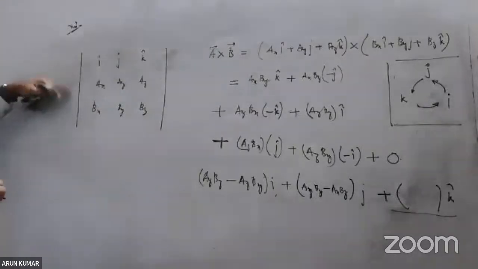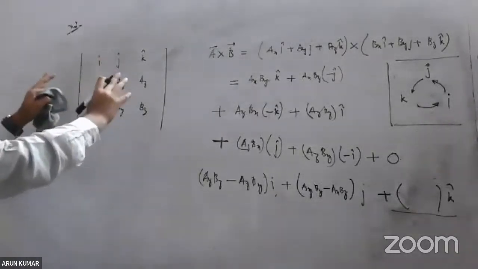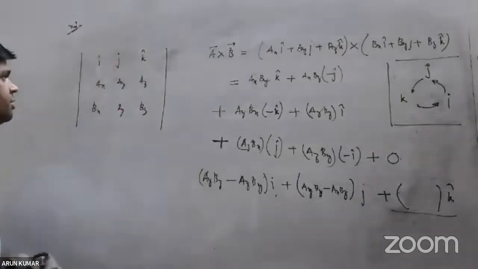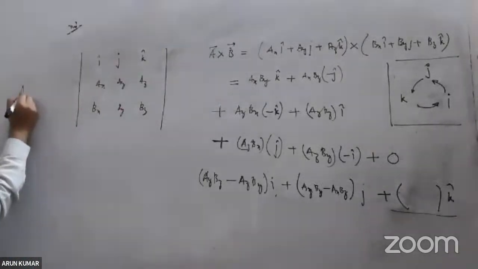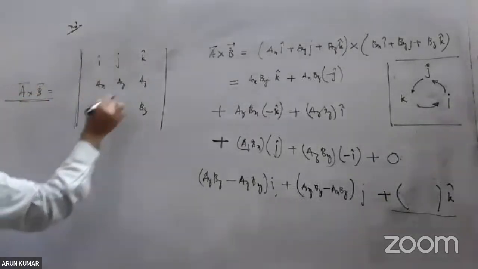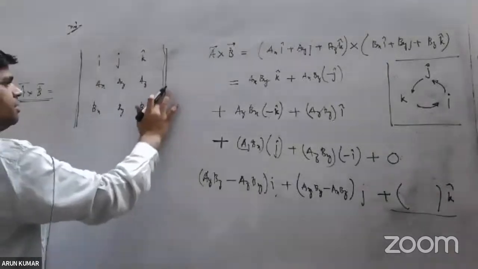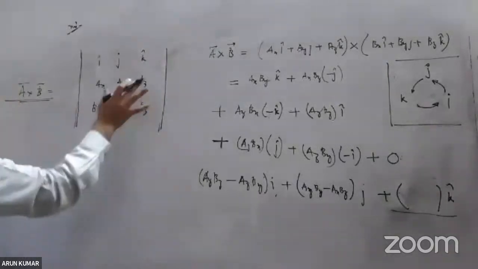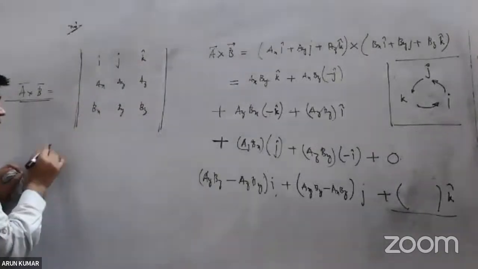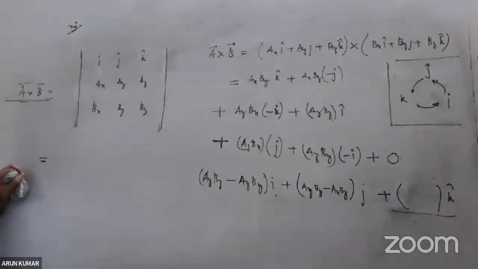So these are the two vectors in component form, and this pattern of writing is called the determinant form. Now a cross b is the determinant of these two. If I write it in one line, two lines like this, that's called a determinant, and it is found by a simple rule.